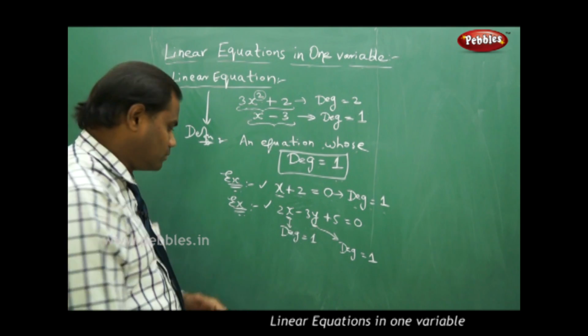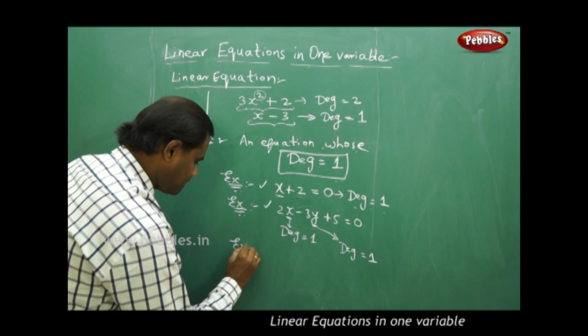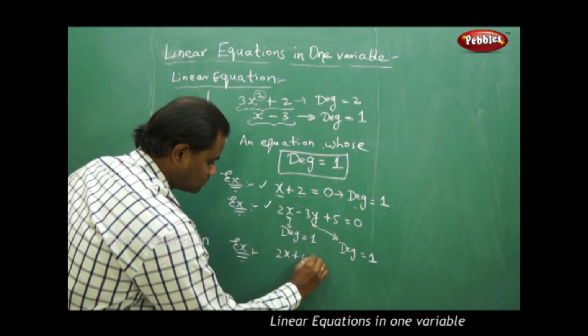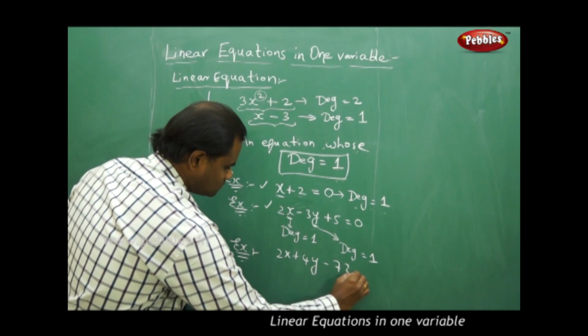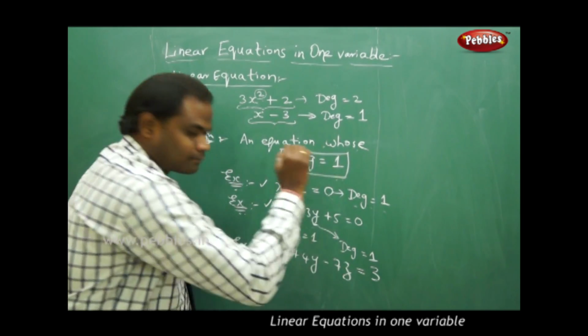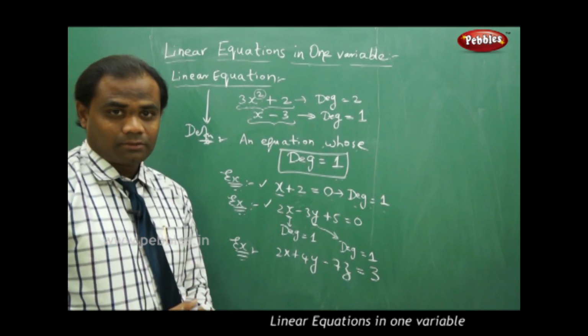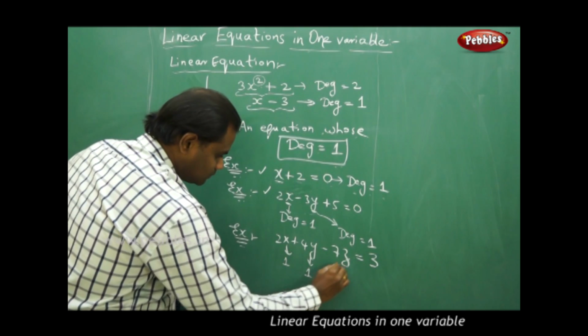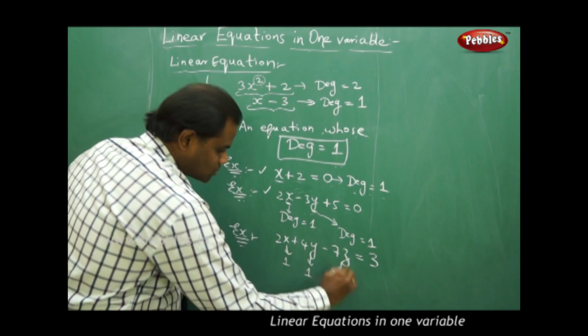Let's take one more problem. This is a linear equation because each of its degrees is 1: the degree of x, the degree of y is 1, and the degree of z is also 1.